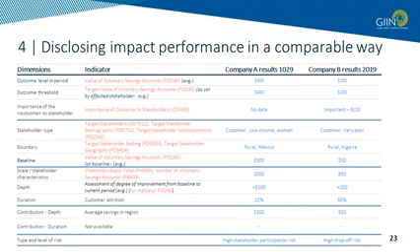Perfect. So this is almost the final step in that series that we showed up front, which is, of course, importantly disclosing impact performance. And the IMP heard that it was very important when disclosing data to keep all of these outcome data points in context, which really means that ideally all data across the 5 dimensions is shared together as a set rather than aggregating data across the dimensions.